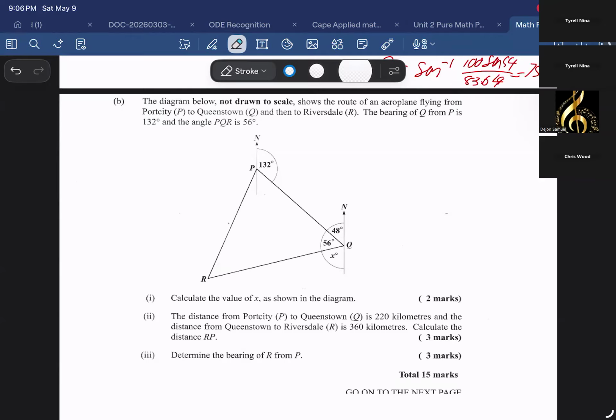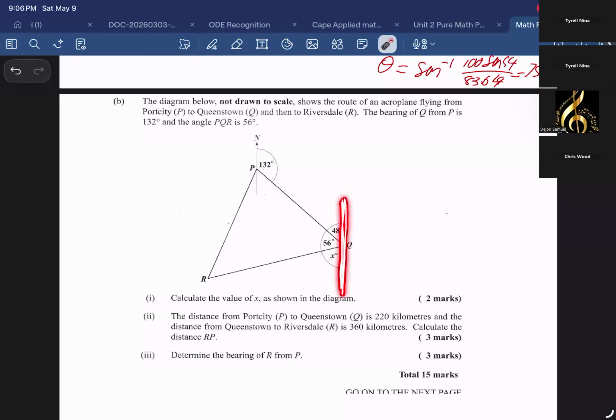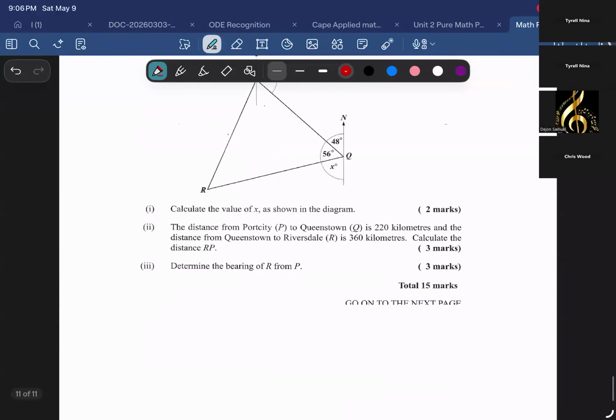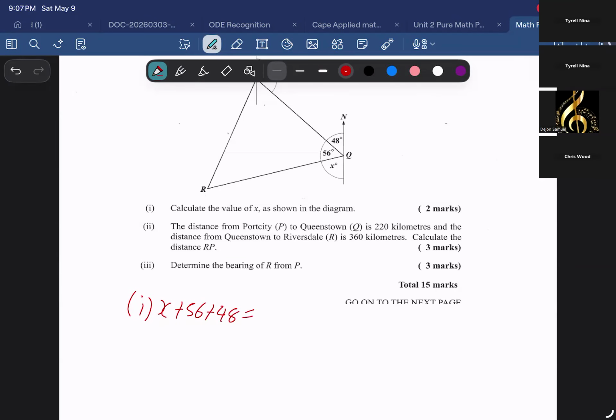Let's go. The first thing they want is this angle X here. We know this is a straight line, and a straight line has 180 degrees. So pretty straightforward: X plus 56 plus 48 is 180.